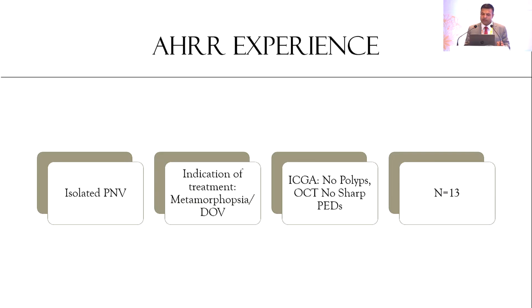So we tried to look at isolated PNV cases which were being treated only on the indication of metamorphopsia and diminution of vision, where on ICGA we have not seen polyps, and on OCT there were no sharp or thumb-like PEDs. 13 such cases could be identified in our case series.